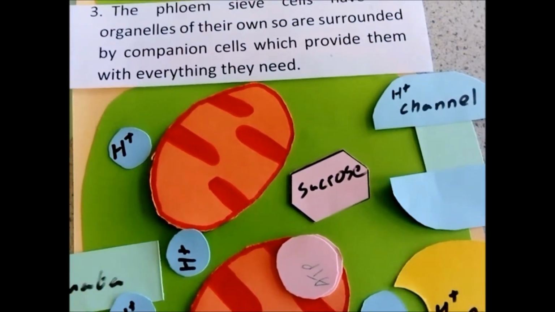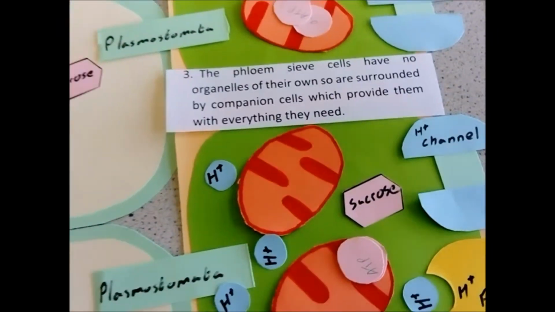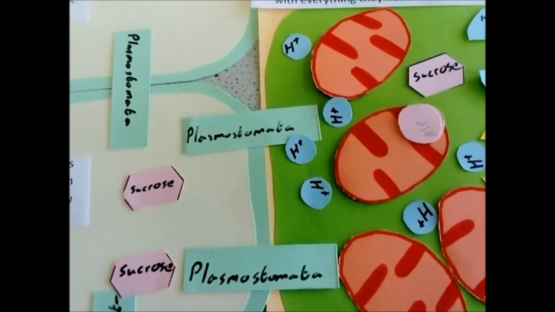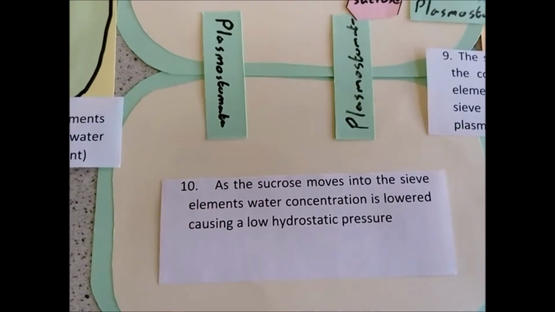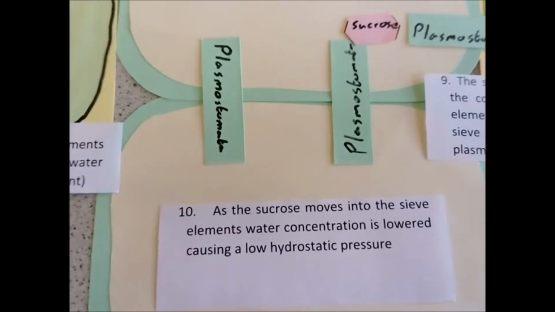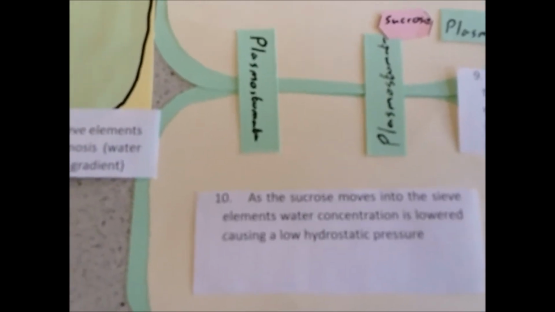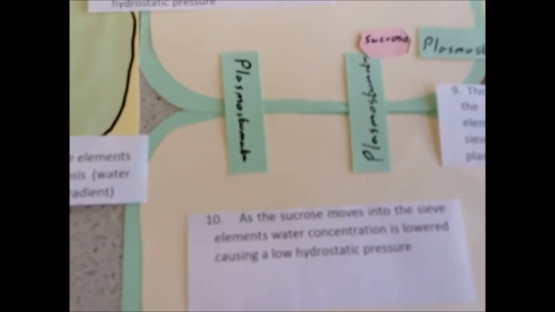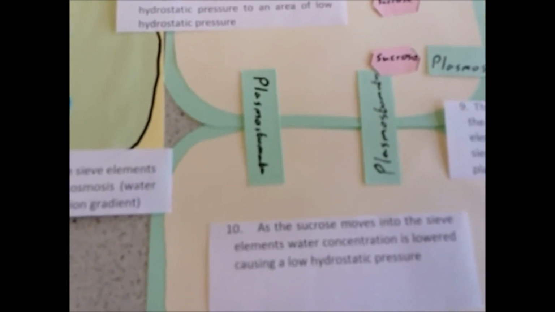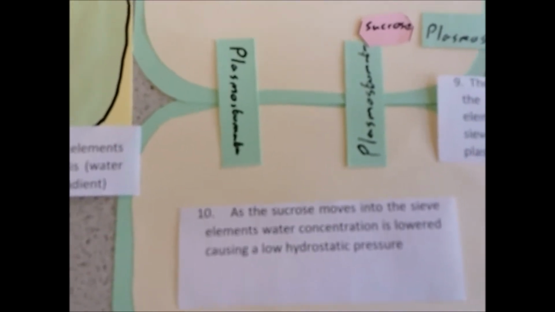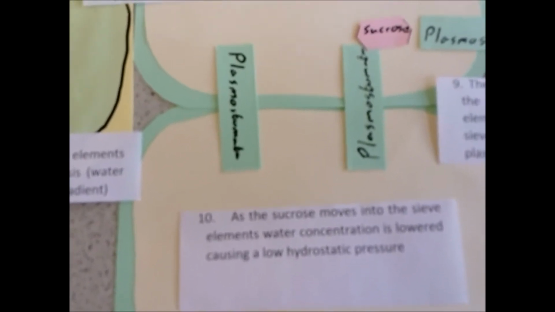So this increases the concentration of sucrose in our phloem sieve elements. As the sucrose moves into the sieve element, this causes the water concentration in the sieve element to become lower. So your water concentration in your phloem sieve element is going to be considerably lower than it will be in the xylem.